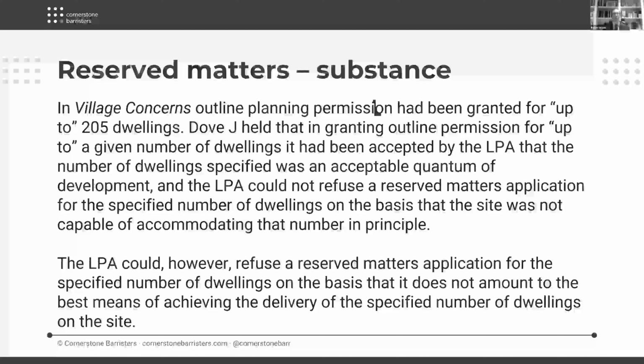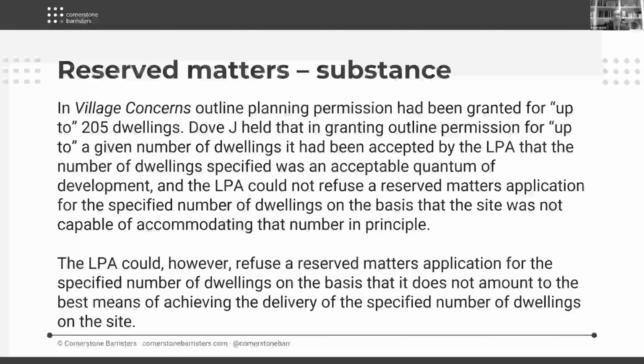we can see that that sets out, in summary, what Village Concerns was about. That was an outline permission for up to 205 dwellings. And until the Village Concerns case, there hadn't actually been any authority on whether or not that permitted a local planning authority at the reserved matter stage to cut down the number of dwellings that could be provided. Having gone through the authorities, Mr. Justice Dove held that they could not. In granting outline permission for up to a given number of dwellings, the local planning authority had accepted through the grant of permission that that number of dwellings was an acceptable quantum of development.